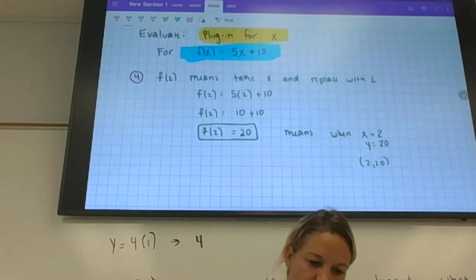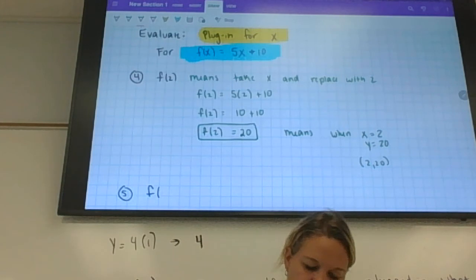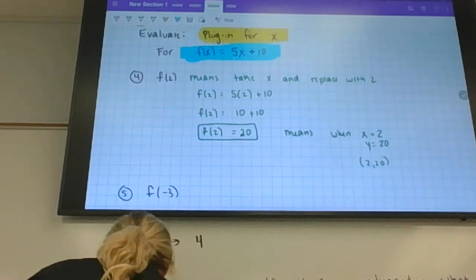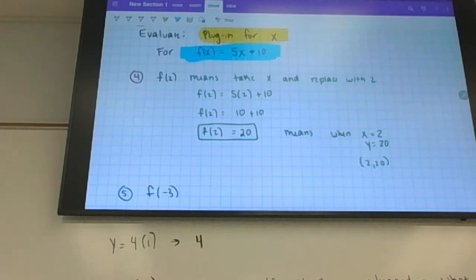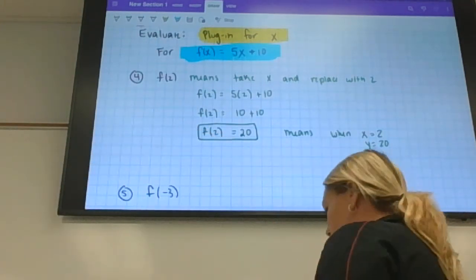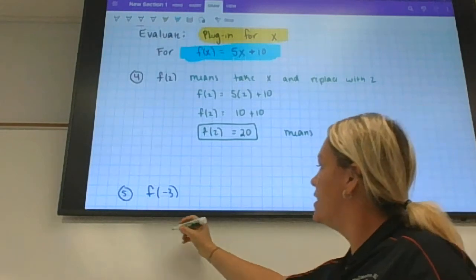All right, so now I'll put 5 back up. 5 was find f of negative 3. So it's really important you show your work.